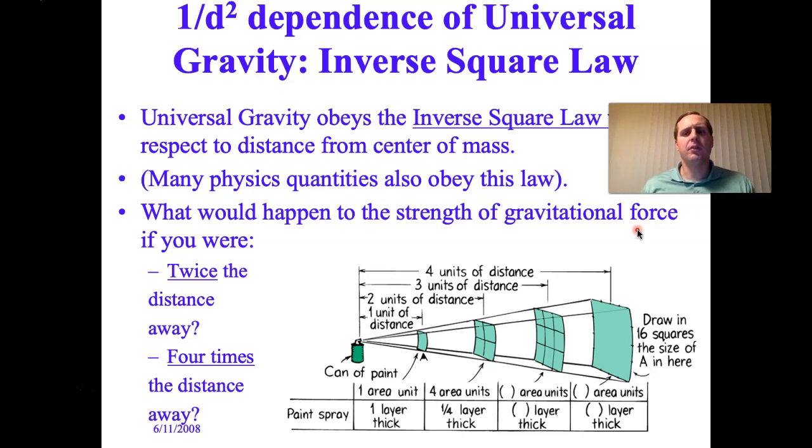What are other field forces? Well, the other one that I can really for sure think of would be the electrostatic force, or the electromagnetic force, I should say. Electricity and magnetism both can operate through empty space. And as a result, they also obey the inverse square law.